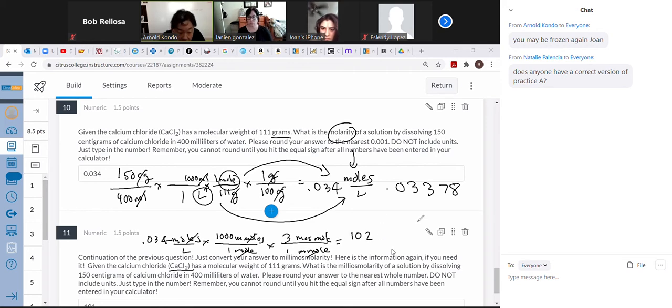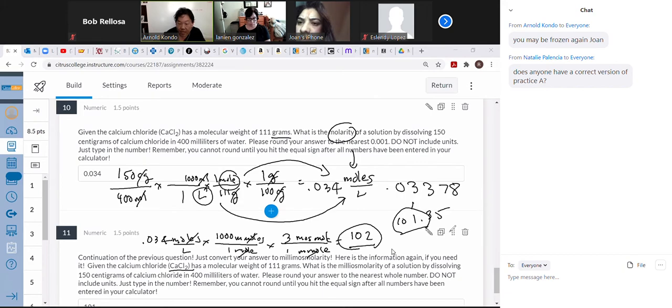Or in this case, I put down 101, because if you do 0.03378 times 1,000 times 3, it is 101.35. So if you carry this answer over, it'd be 102, but if you actually did the entire problem and multiplied this value by 1,000 by 3, you get 101.